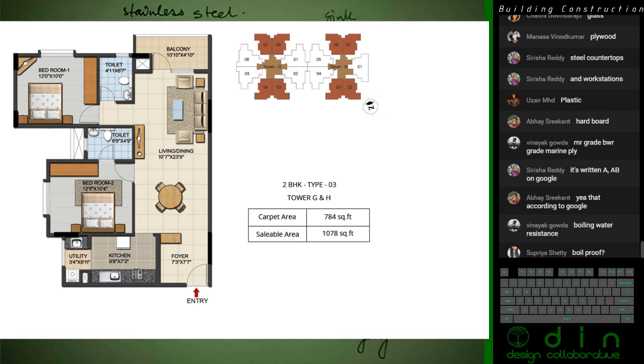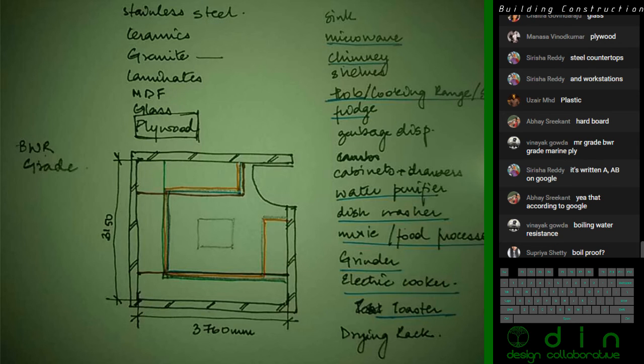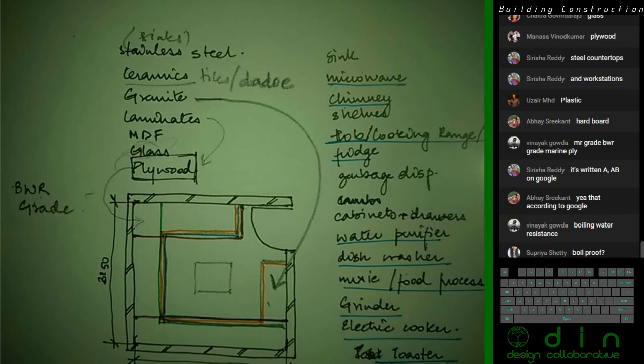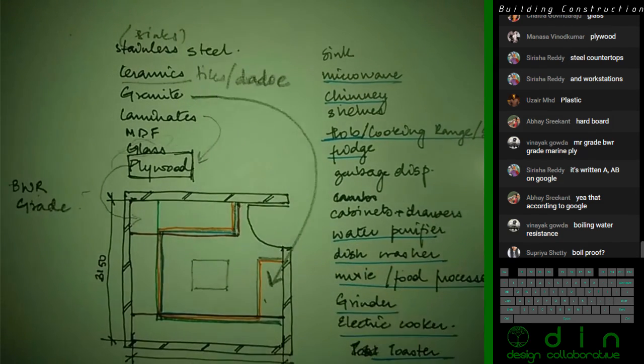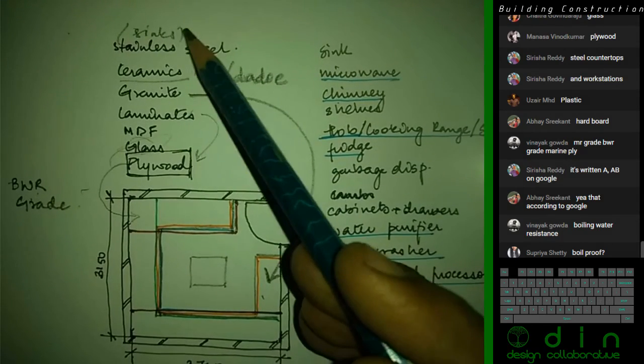Oh wait, I was writing a lot and didn't show you the camera. Alright. I was trying to say that stainless steel, we use for the sinks.